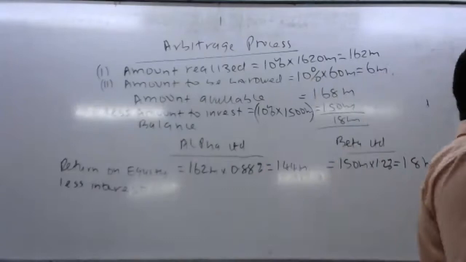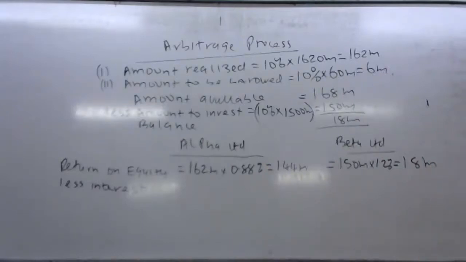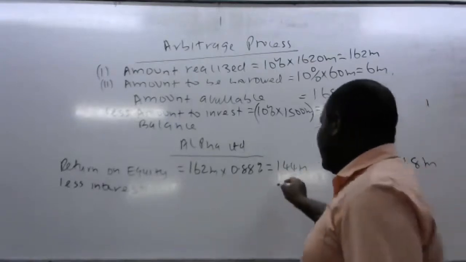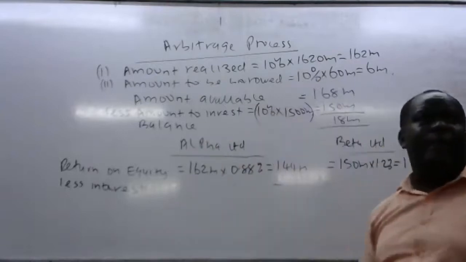So he had not borrowed. He had not borrowed when he was in alpha. He only borrowed when he was moving to invest where? In beta. So there will be no interest when he was still in alpha.